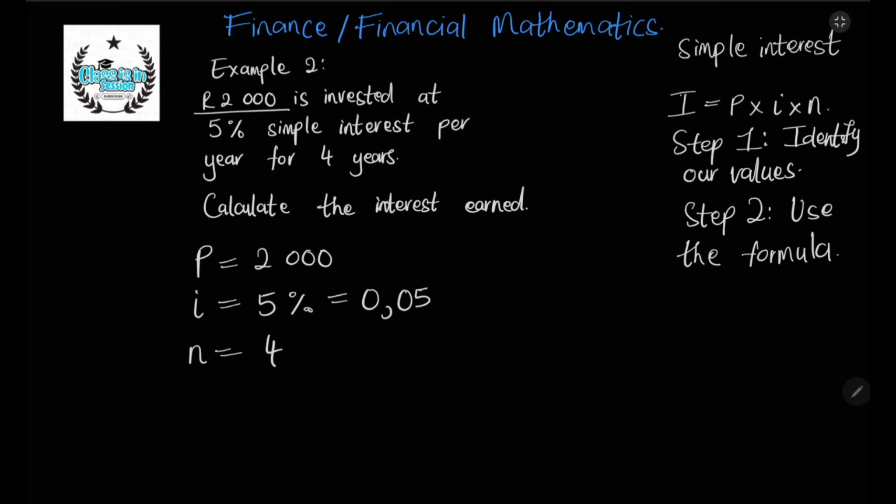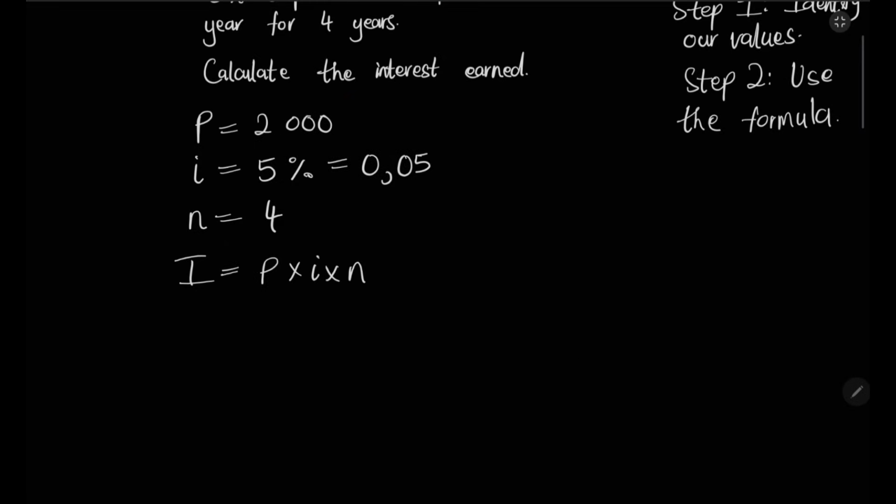At step 2, you have to use the formula. Substitute this, and that into that formula. I is equal to P times I times N. I can also rewrite it here. What is our P? Our P is 2,000 Rand.